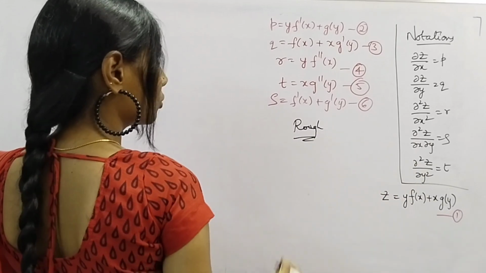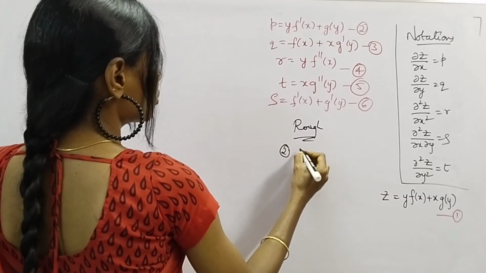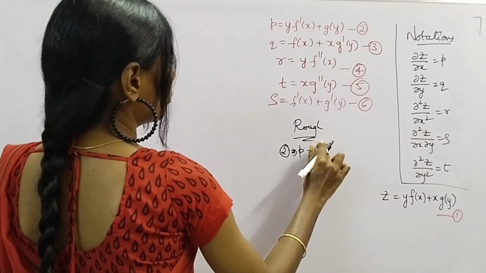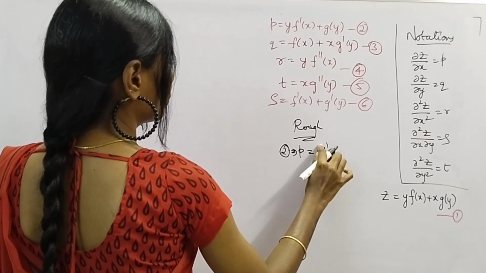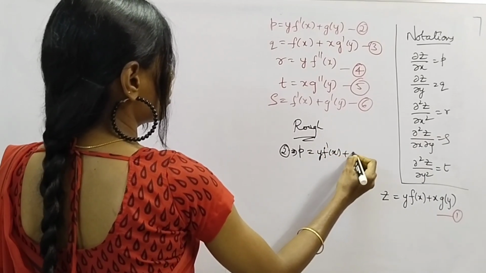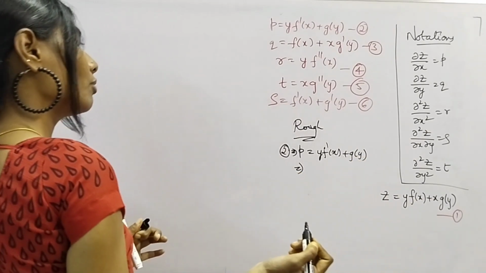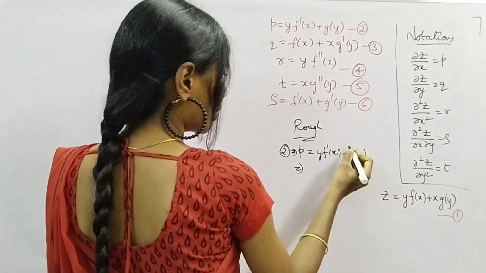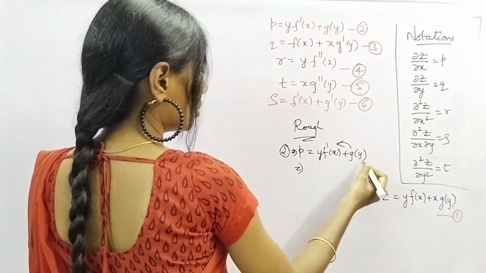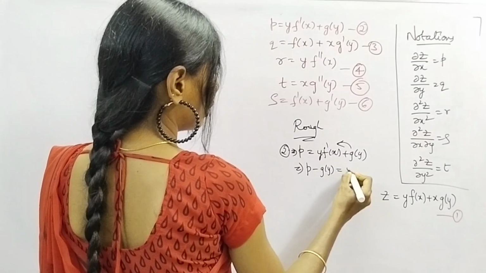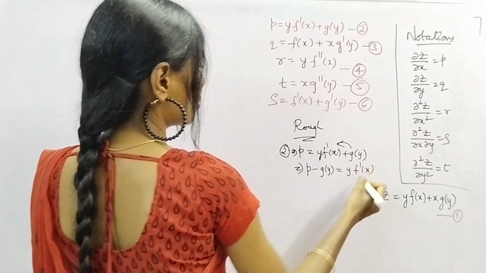We can also try this out. In equation 2, I have p equal to y into f dash of x plus g of y. I think I can find the value of f dash of x from this. So I'll bring g of y to LHS, and I'll get p minus g of y equal to y into f dash of x.